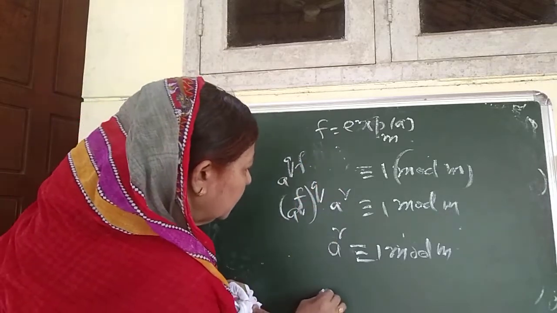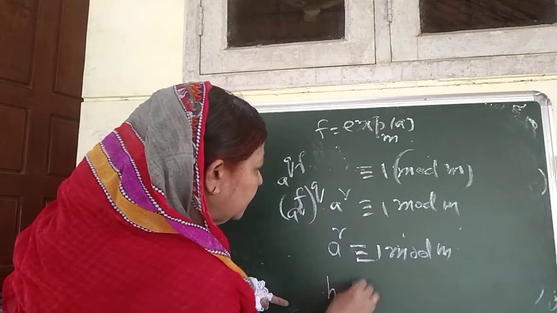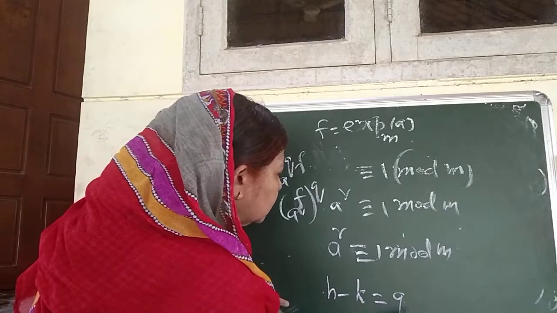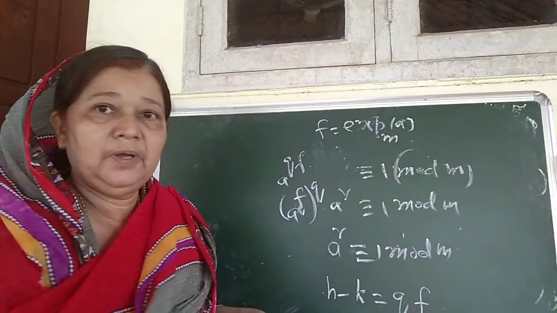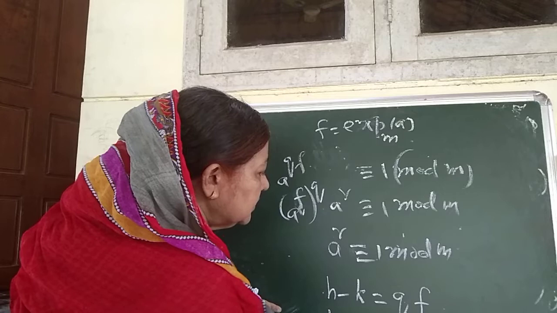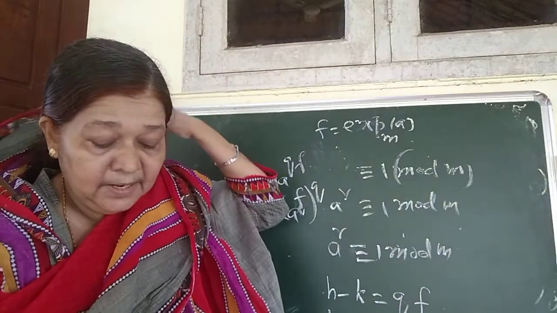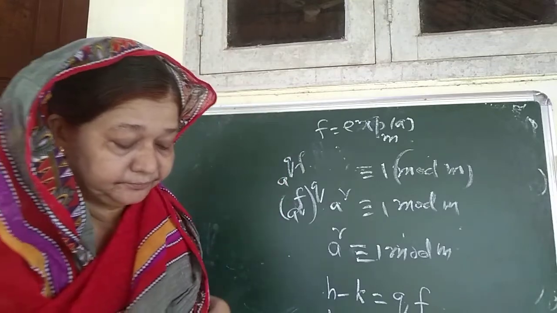Therefore, r equal to 0. Therefore, h minus k equal to q into f. Or h minus k is congruent to 0 modulo f. H minus k is a multiple of f.